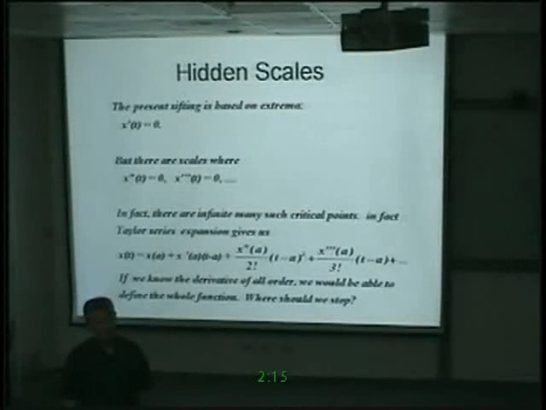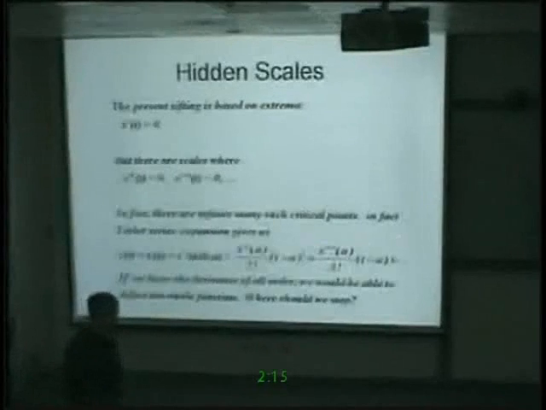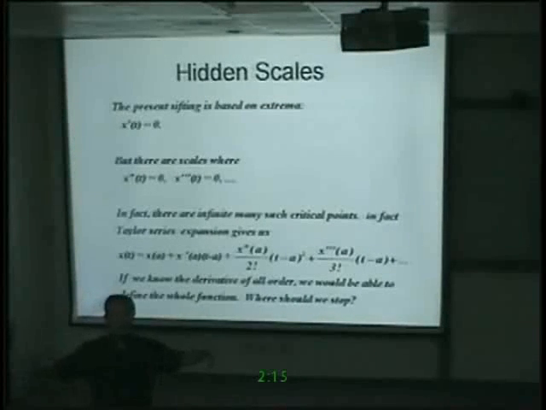But to define this derivative, it becomes less and less local, because defining a derivative is not at one point. You have to keep on expanding out, right? So how many derivatives should we take before we stop?